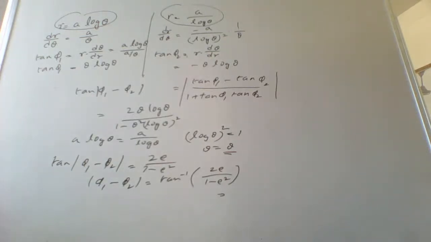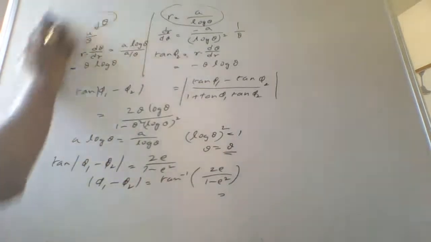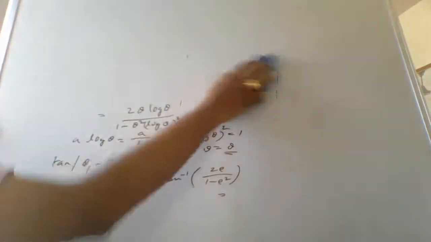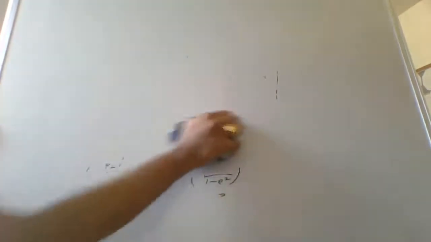Let me move on to the next problem. Again, the polar curves will be given, so we have to find the angle between them and so on. Now let us prove that these polar curves intersect orthogonally.